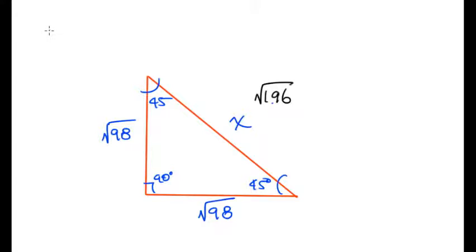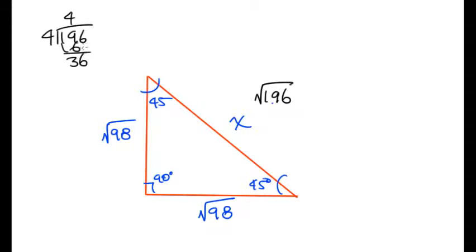Well, before we do that, let's divide 16 into 196 and see if we get anything interesting. Okay, looks like we can't do that. How about 4 going into 196?